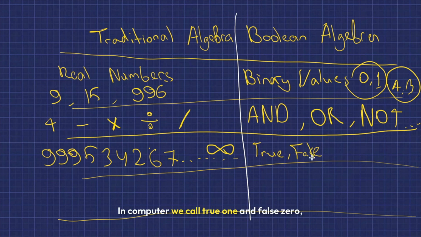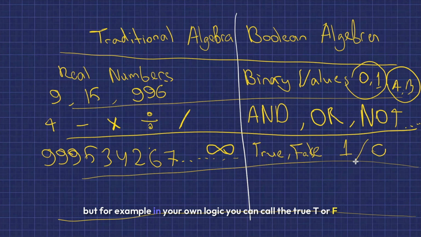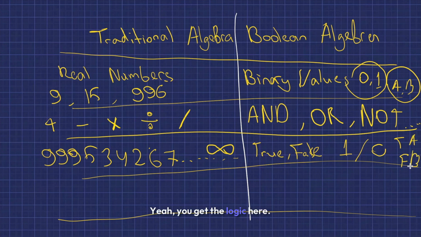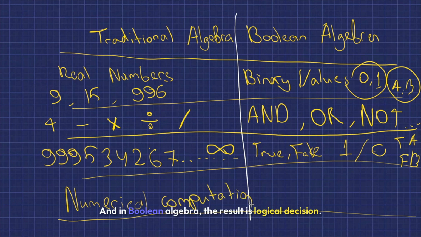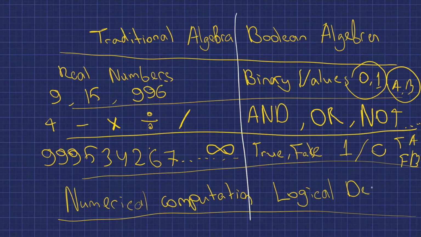In computers we call true 1 and false 0, but in your own logic you can call true T or F, A or B. You get the logic here. You can only have two values which represent either true or false. And the result? In traditional algebra, the result is a numerical computation. And in Boolean algebra, the result is a logical decision.